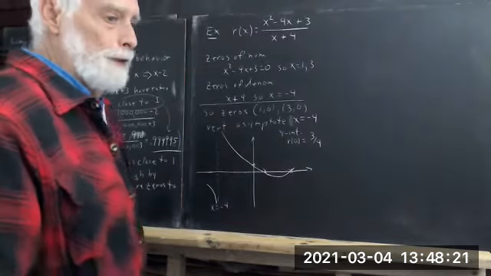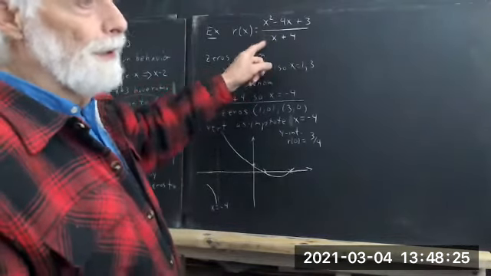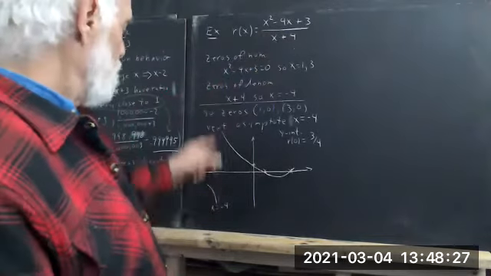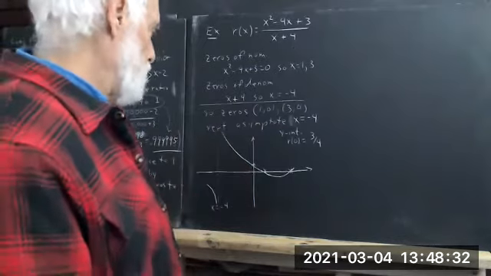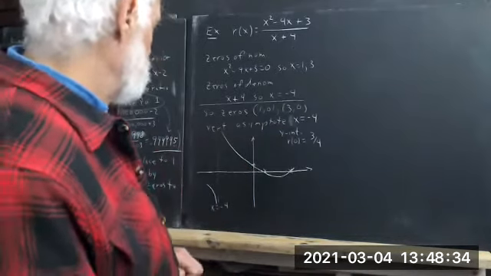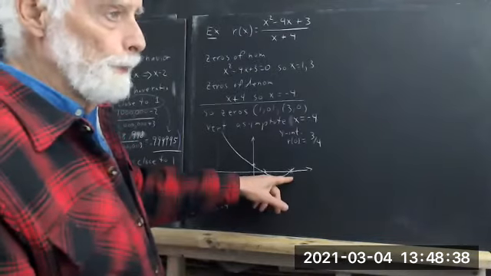Another way of saying this: x plus 4 goes from negative to positive at x equals negative 4. It's a little challenging to think about, but now we're not sure where the graph goes from here.